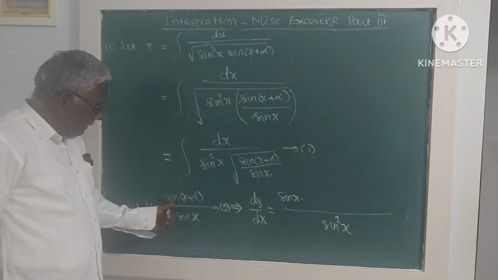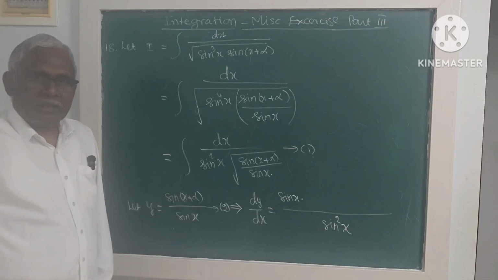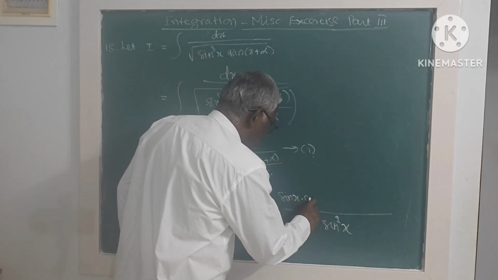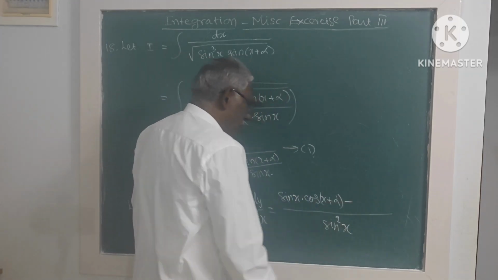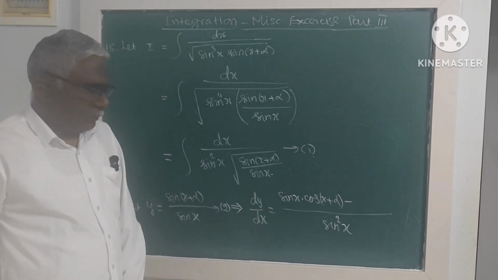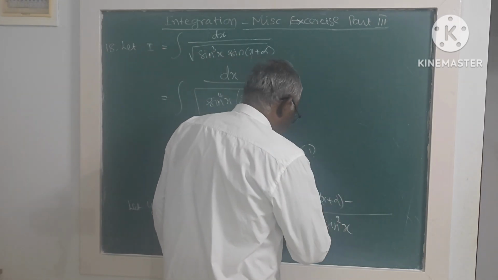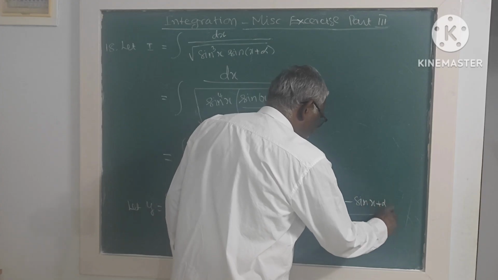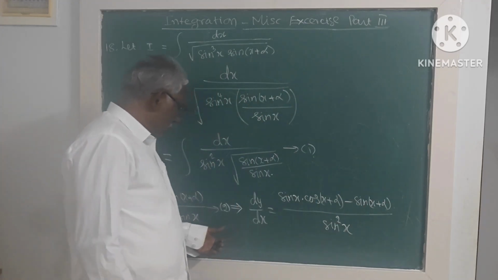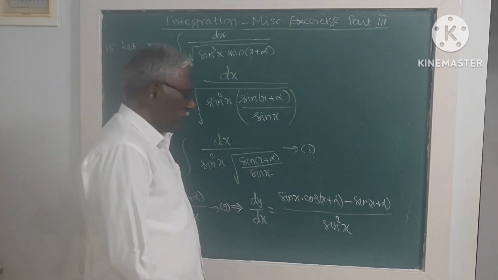If we differentiate this, we'll get cos of x plus alpha, minus sine of x plus alpha, and if we differentiate the denominator, cos x.